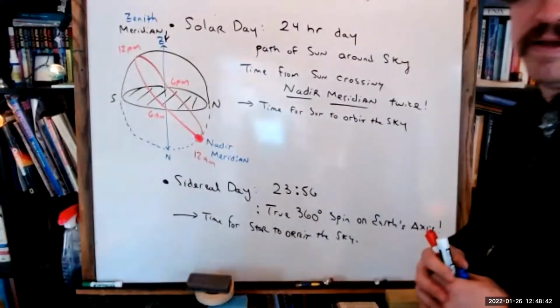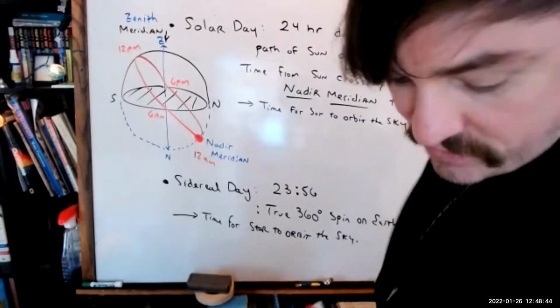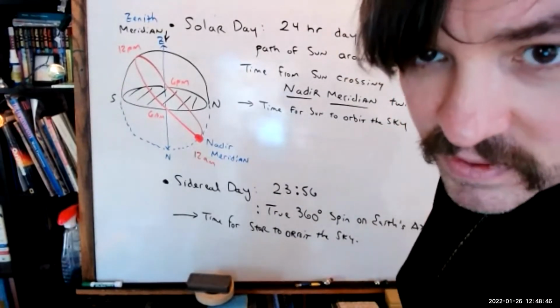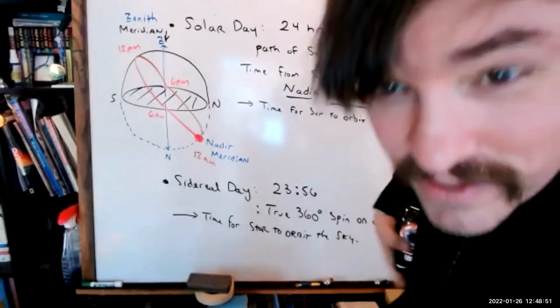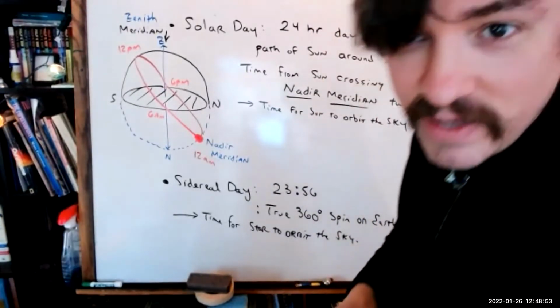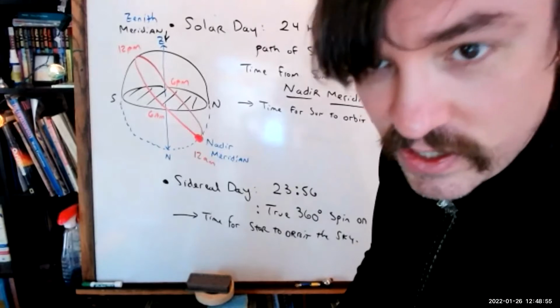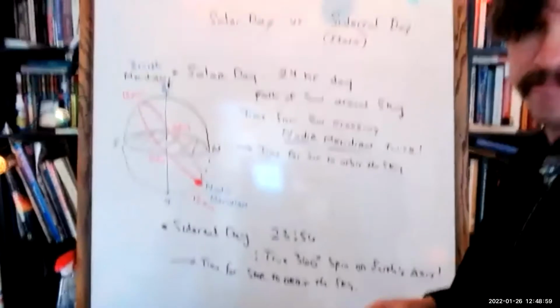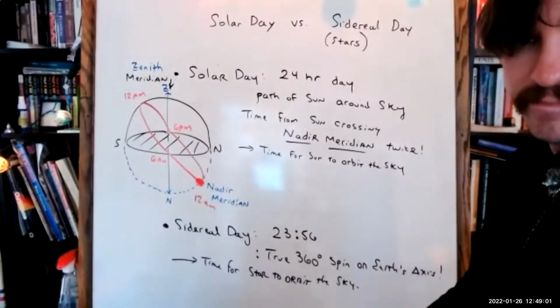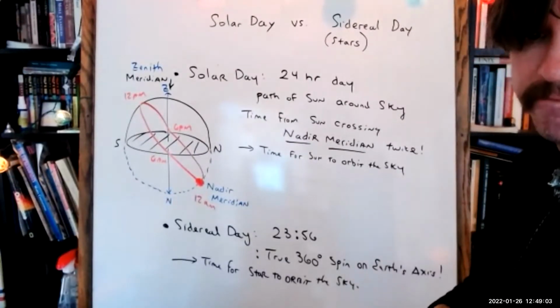Oh boy, now I'm about to get crazy on you. What if I told you it was possible to measure time by the stars? And that's what astronomers do. This would be called local sidereal time. Can I erase, students? All right, here we go.